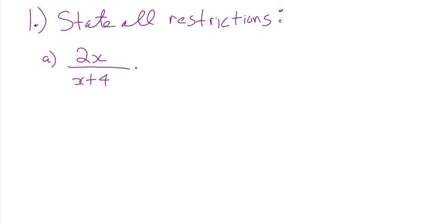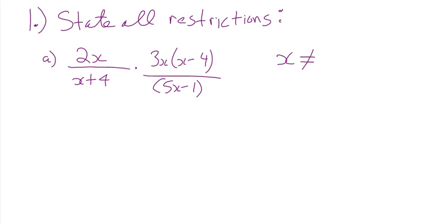2x over x plus 4 times 3x times x minus 4 over 5x minus 1. Okay, all I want is restrictions. What are the restrictions on this? X cannot equal? Negative 4. Anything else?